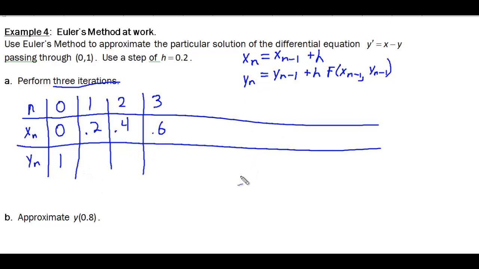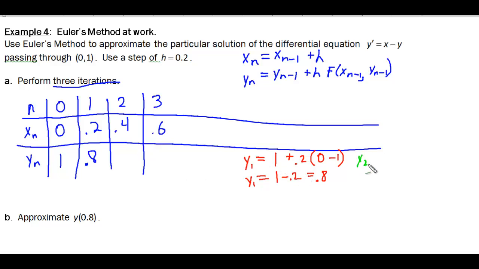Well, y1 equals y0 plus h times f of xn minus 1, yn minus 1. Well, f is this x minus y. So we have 0 minus 1. And so y1 equals 1 minus 0.2 equals 0.8.